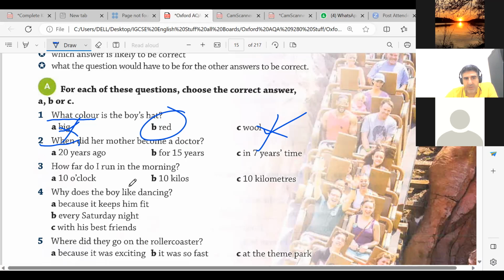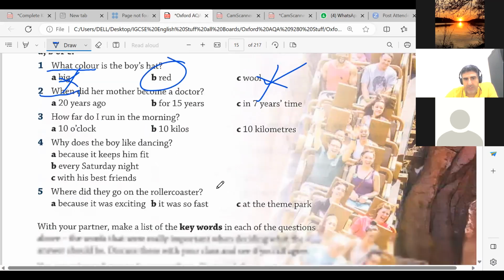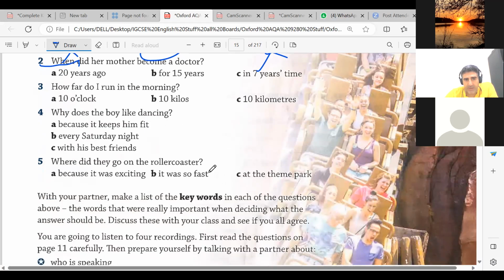What about question 3? Can you expect the answer, ya Akram? How far do I run in the morning? 10 kilometers. Why is kilometers right? Because it is about distance. Exactly. And how did you know? Because it says how far.